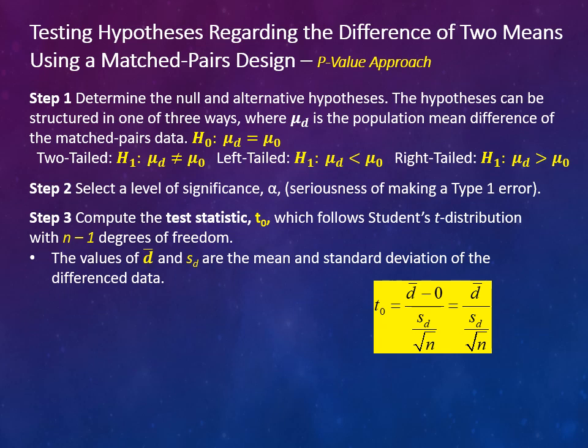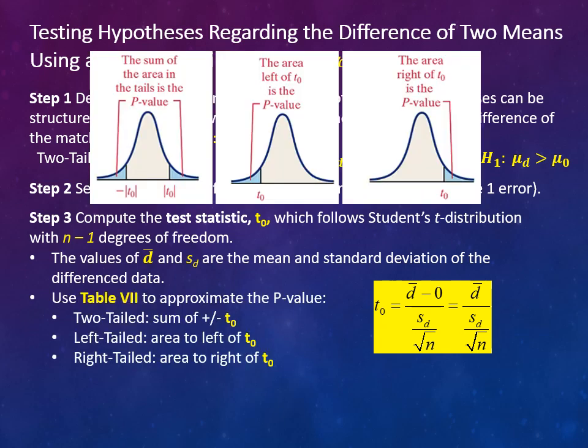They are values of the difference data. But here now we're going to use table 7 to approximate the p-value. And again, remember that if we have a two-tailed hypothesis, then it's the sum of both areas plus or minus t sub naught. We've typically done this as 2 times the positive value because that's the value that shows up in table 7.